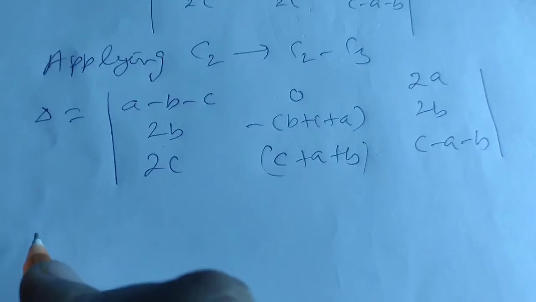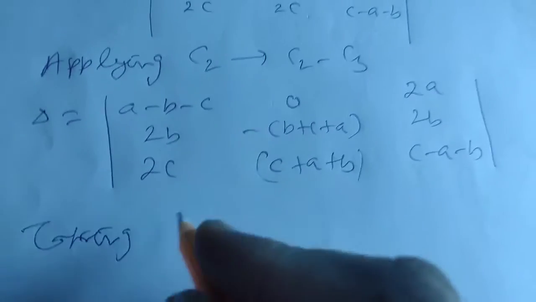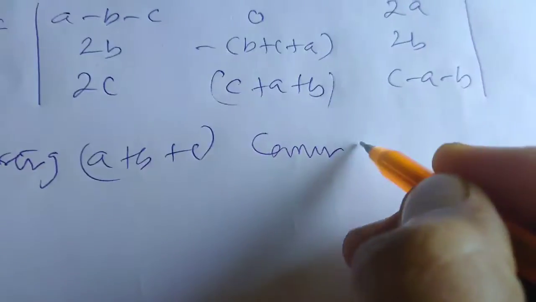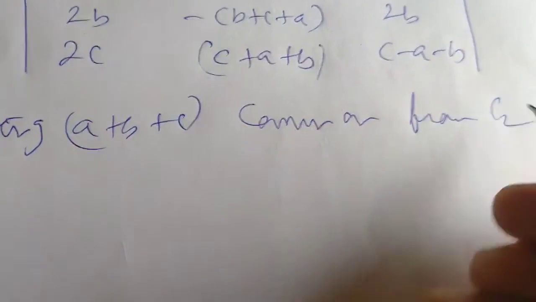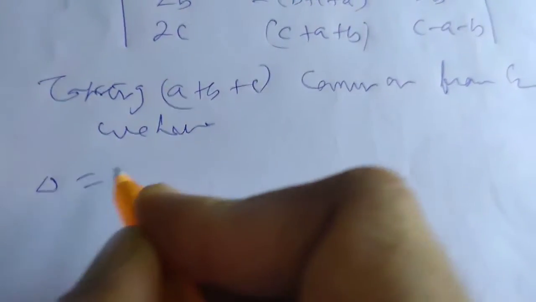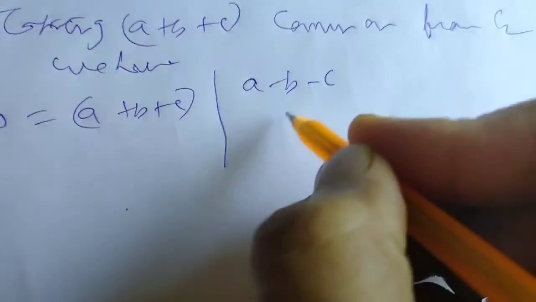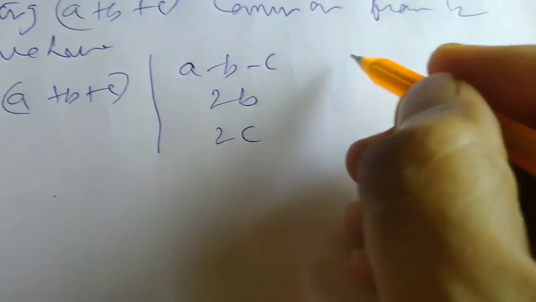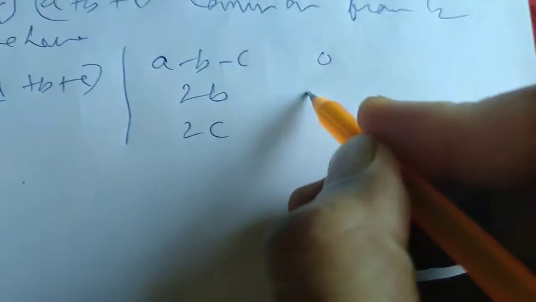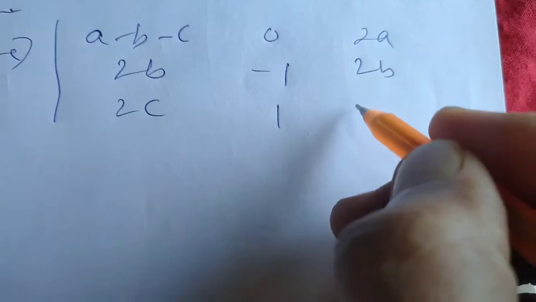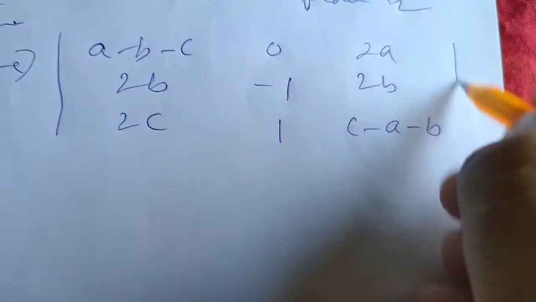Taking a plus b plus c common from C2, we have delta equal to a plus b plus c, and do not forget to keep this in a bracket: a minus b minus c, 2b, 2c. Here this is 0, this is minus 1 and this is 1. Here 2a, 2b and c minus a minus b.